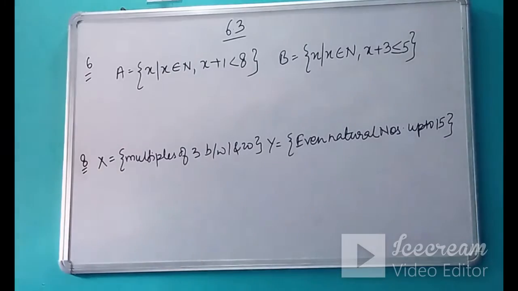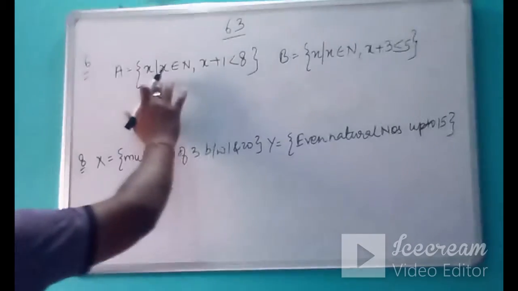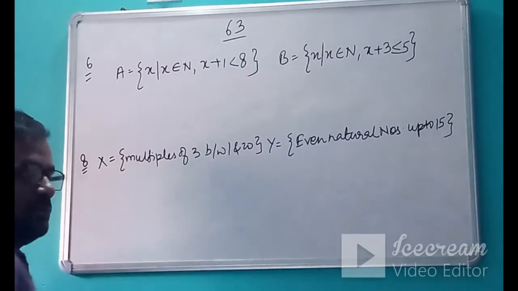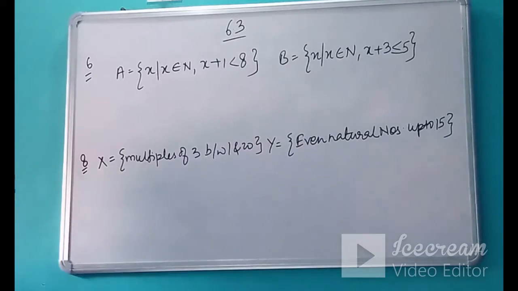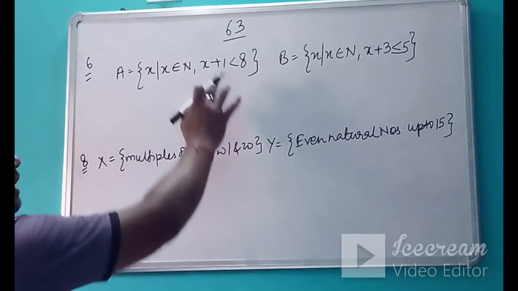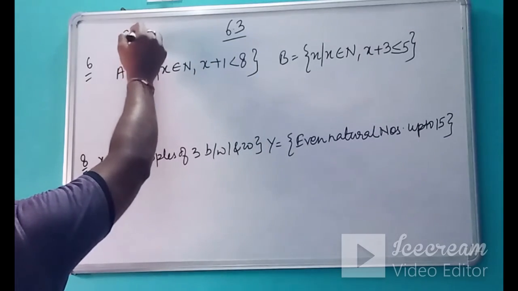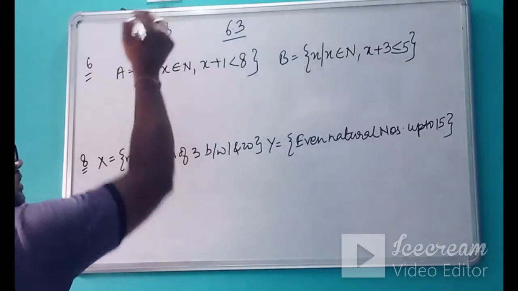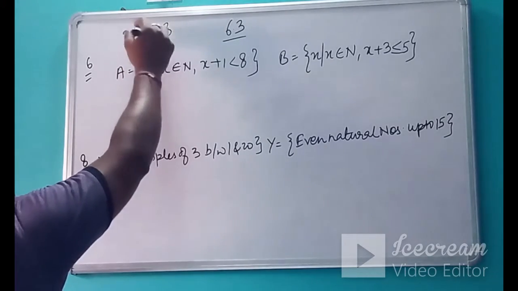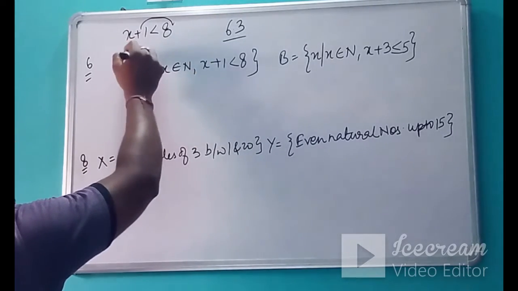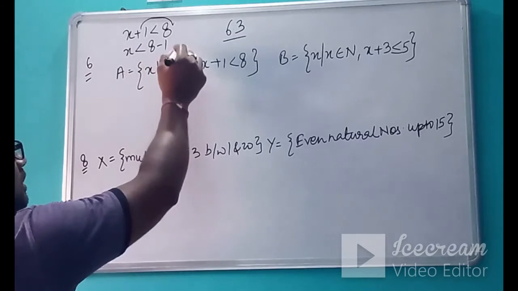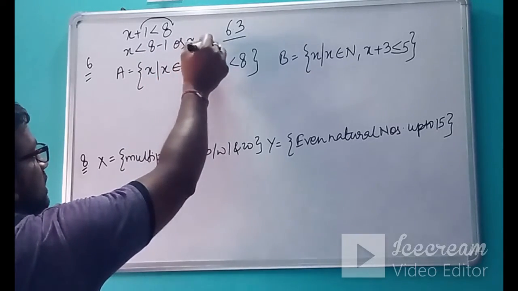Okay, let's see the questions like this. So again, this is the set builder form. So we have to convert it into the roster form. Then how will we convert? This is x plus 1 less than 8. So 1 will go there, 1 will come here. It becomes x less than 8 minus 1 or x less than 7.